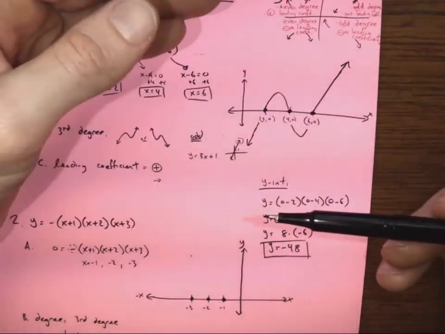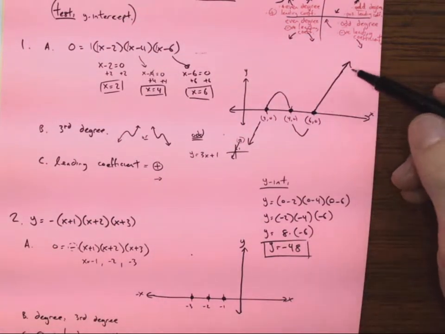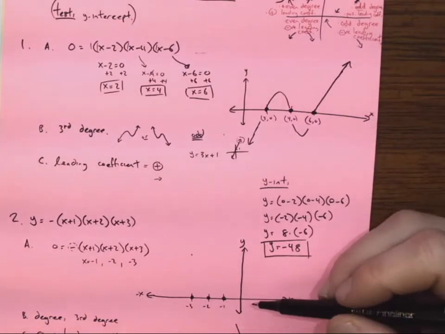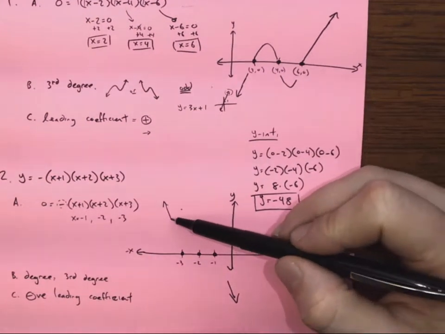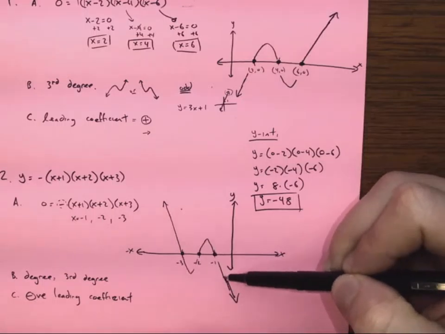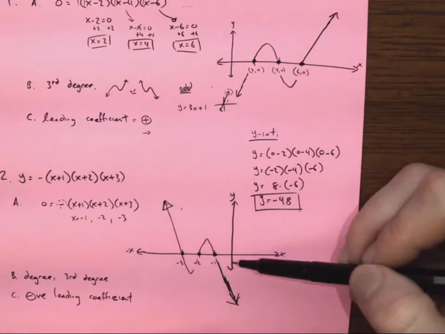It kind of reflects the pattern over the x-axis. So instead of pointing up to the positive infinity, it'll be pointing downward. And it'll be pointing upward up here. And so it's just going to go through like this. Great.